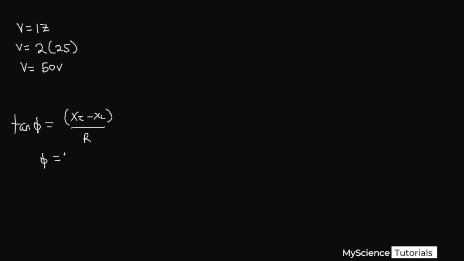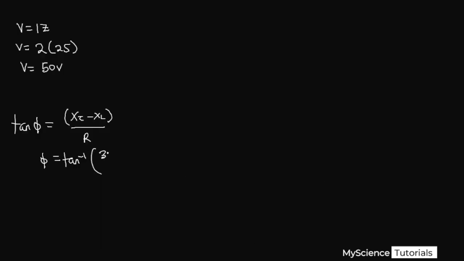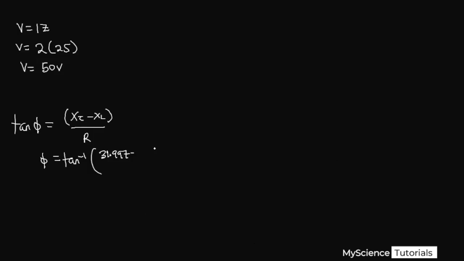The angle is the tan inverse of the ratio. We have our XC as 31.997, minus our XL, which is 12, all divided by 15.